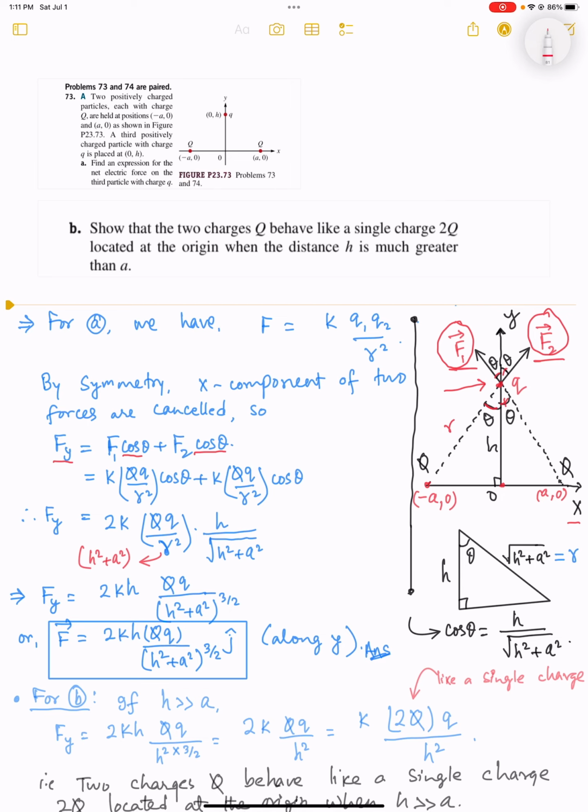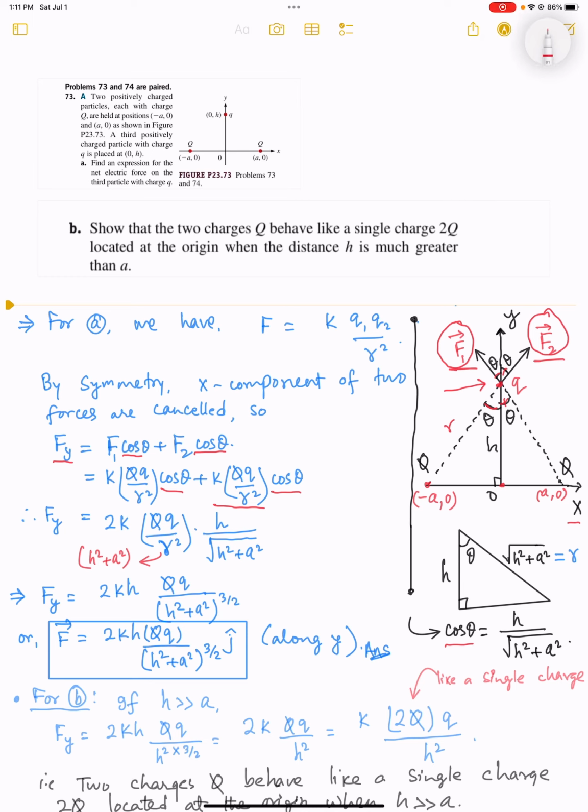Similarly for F2, the same: k times uppercase Q times lowercase q over r squared times cos theta. So the cos theta is common here. You can further express this like this, and you will be able to calculate the value of cos theta.